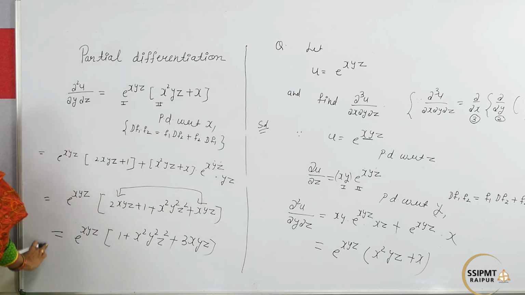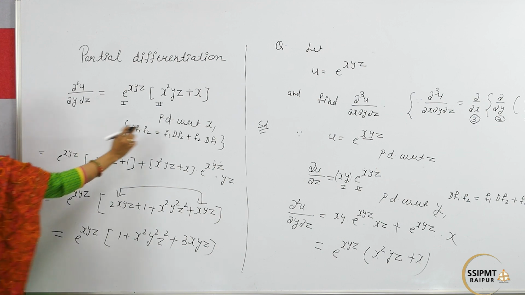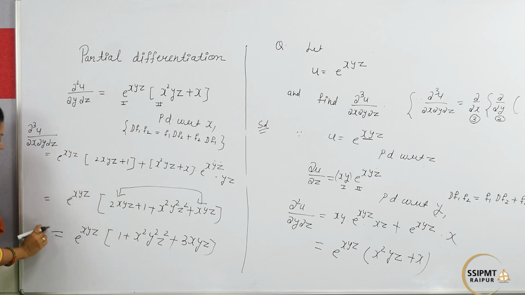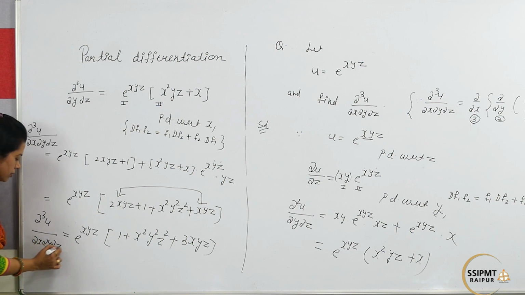So this is our final answer, and the left hand side will be del cube u upon del x del y del z. So we have found the value of del cube u upon del x del y del z.